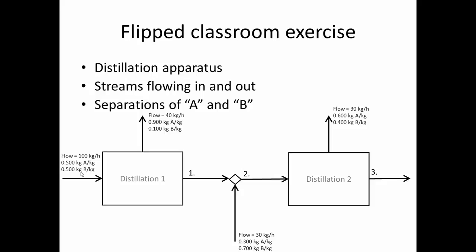So you're essentially doing your bookkeeping for these components A and B. And they vary depending on which flow they're in. And we're going to solve for at least 3 different flows. And we can define several different system boundaries. So we can define a boundary, say, around distillation 1, distillation 2, etc.